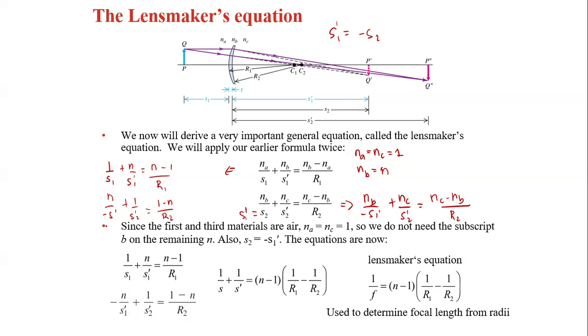We are going to cancel this one, and we are left with 1 over S1 plus 1 over S prime 2 is equal to n minus 1 over R1 plus 1 over R2.